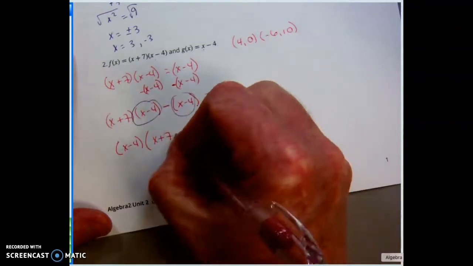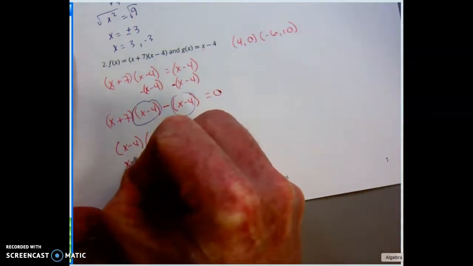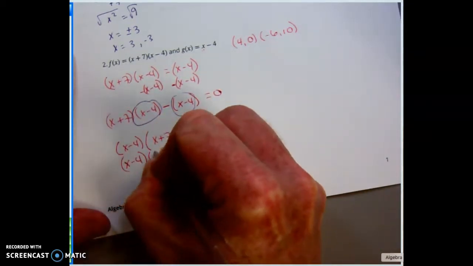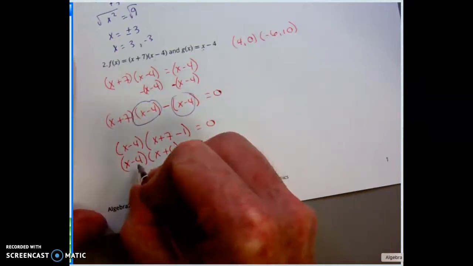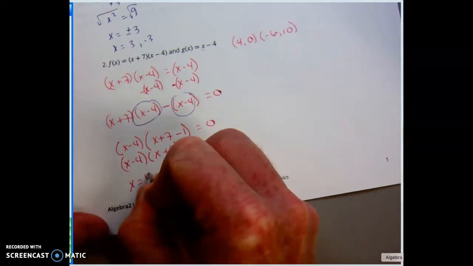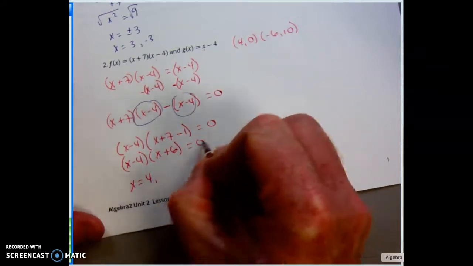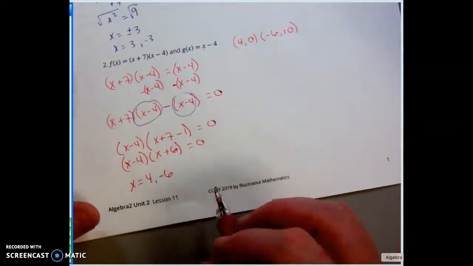So I've just got minus 1. So I've got x minus 4 times x plus 6 equals 0. Well, I know that gives me x equals, add that 4 to the other side, I get positive 4. Subtract that 6 to the other side, I get negative 6. Okay, and then I can plug both of those in.